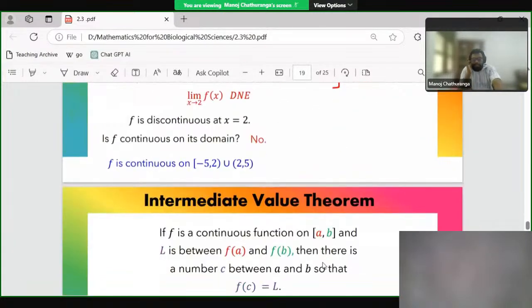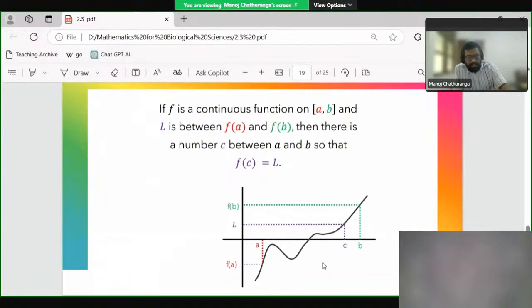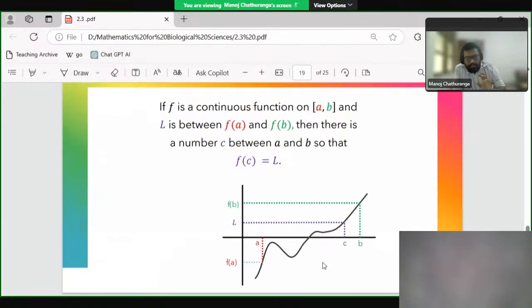Something really important about continuous functions is called the intermediate value theorem. So this is very intuitive. The formulation looks a little bit complicated, but look at the picture. Suppose you have a function defined on a bounded closed interval a and b.